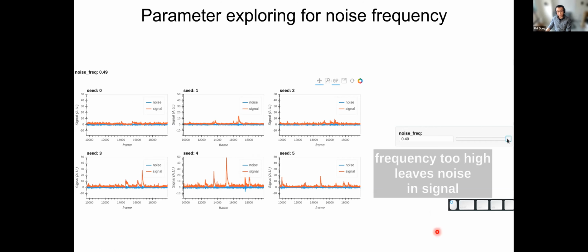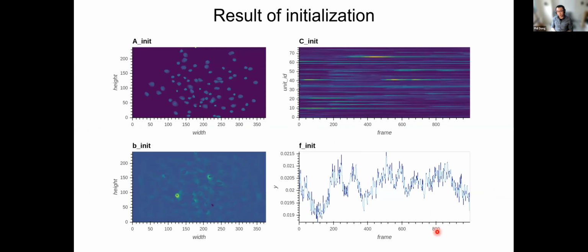Once we are satisfied with our choice of seeds, after we generate and refine them, we go ahead and generate the initial A and C matrices from these seeds. The way we do that is straightforward. For A, we take each seed and compute the correlation of each pixel relative to its neighbors.